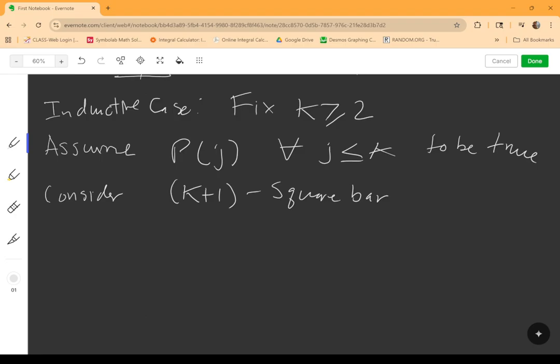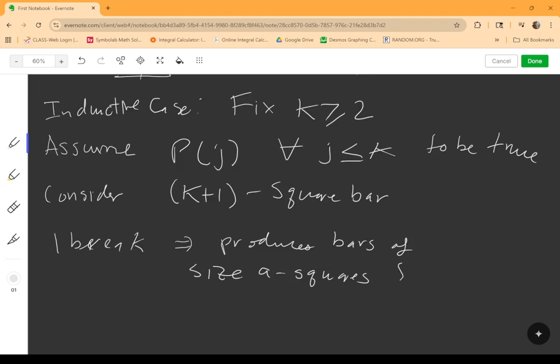So let's say I make 1 break. And again, the general break doesn't necessarily have to be 2 even pieces. I just want to say that 1 break produces 2 bars of size a squares and b squares.